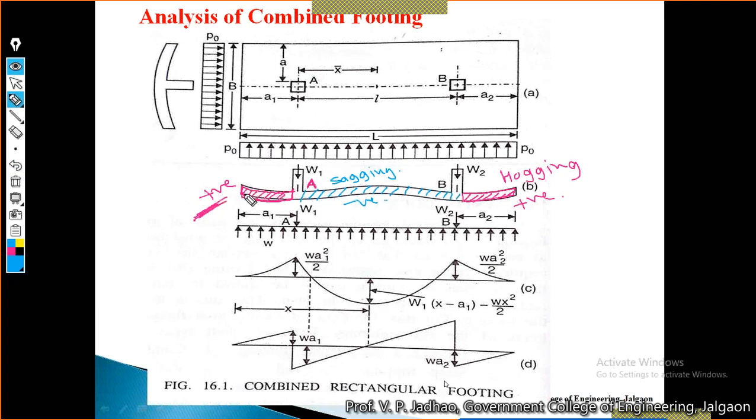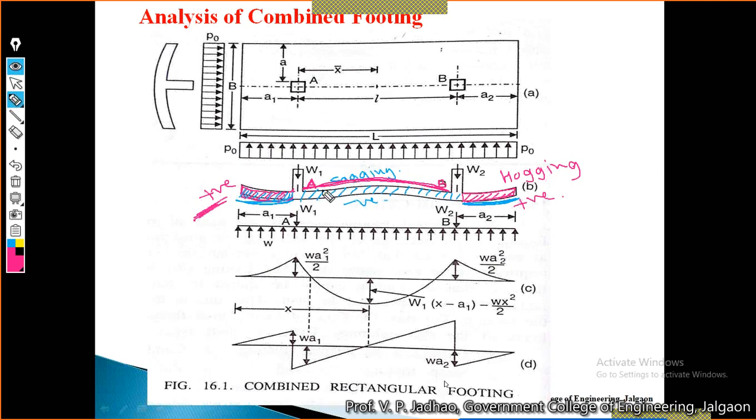So for this positive bending moment portion, the positive steel reinforcement, that is the main steel reinforcement, will be provided in the bottom face. Again, here the steel reinforcement will be provided in the bottom face. Whereas if you see this central portion between column A and B, the main steel reinforcement will be provided at the top face.